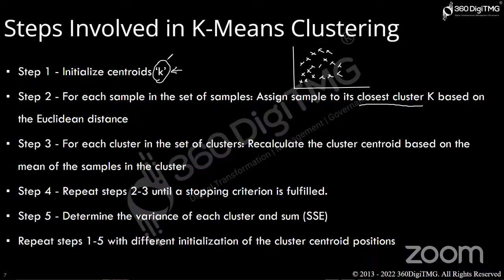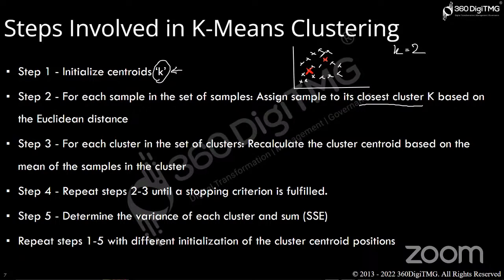First of all, we'll decide the K value. Suppose I decided K value to be 2. K is 2. Then we will decide 2 centroid values out of these data points. Suppose I decided this is my centroid and this is also my centroid.